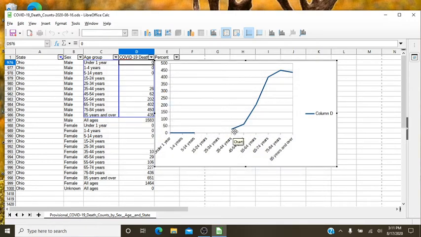You can see the steep increase in deaths between 45 and 54. 450 deaths.